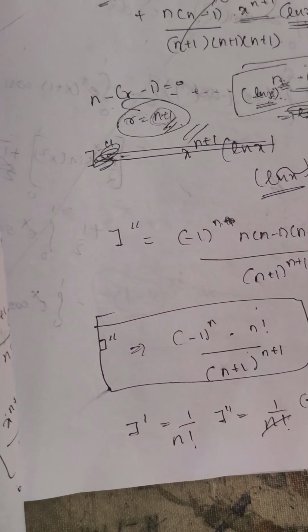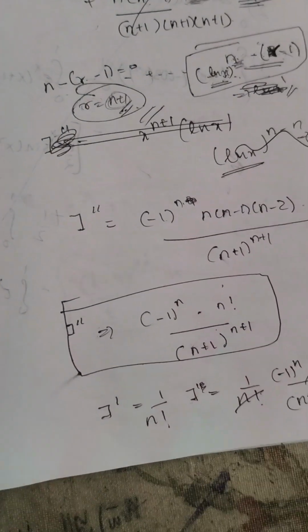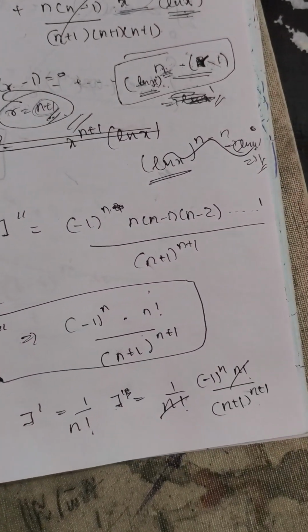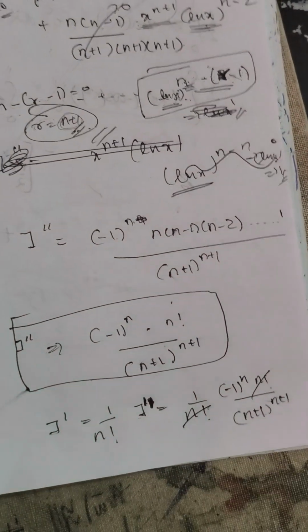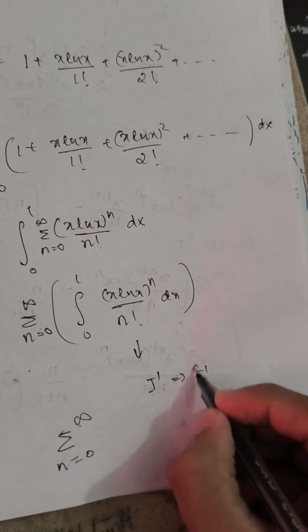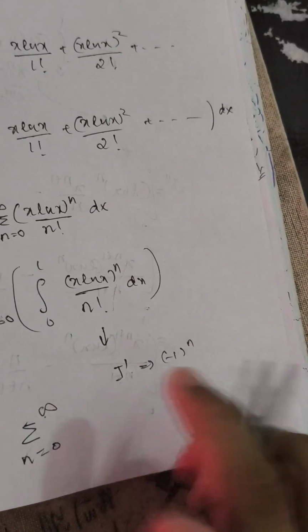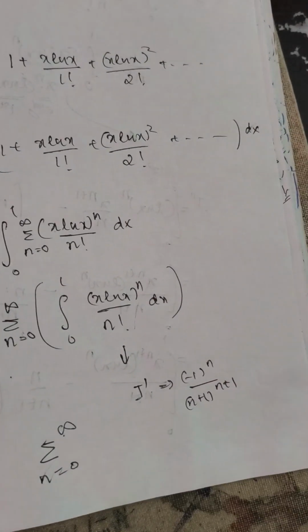So this is not I double dash. This is simply I dash. Okay? Yeah, it is I double dash. What am I saying? My God. Okay, so yeah, minus 1 the whole raised to n divided by, if I substitute this, let me just write it here. Minus 1 the whole raised to n divided by n plus 1 the whole raised to n plus 1.